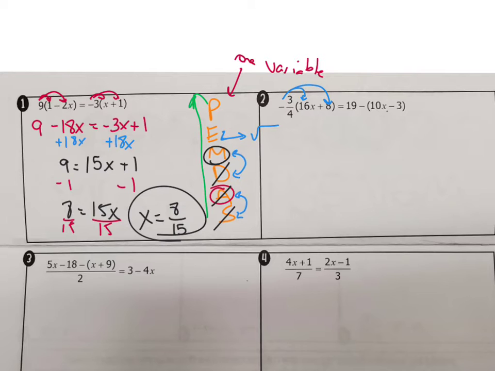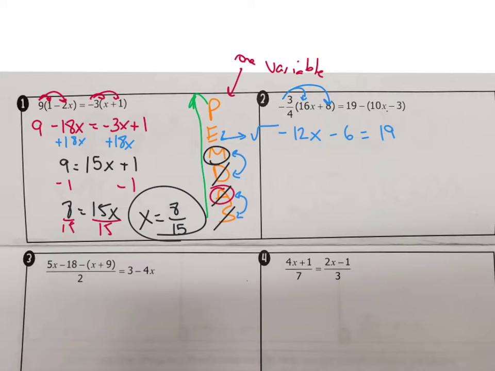Notice it makes your fraction go away without having to multiply by anything. And same thing when I do negative 3/4 times 8. You can either do 24 divided by 4. If you're going to multiply 3 times 8, you have to divide by 4. I'm just going to do negative 3/4 times 8 to get negative 6. And then 19. Nothing happens with 19 here.